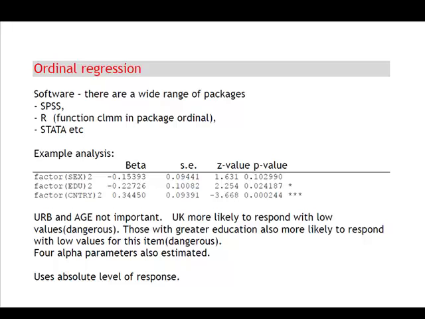I've taken out the urban factor and age as not being important. We can also see that sex is not important there because the p-value is above 0.05. But we can see that education and country are both important. Country has a negative value, and that's assessing the effect of Austria.